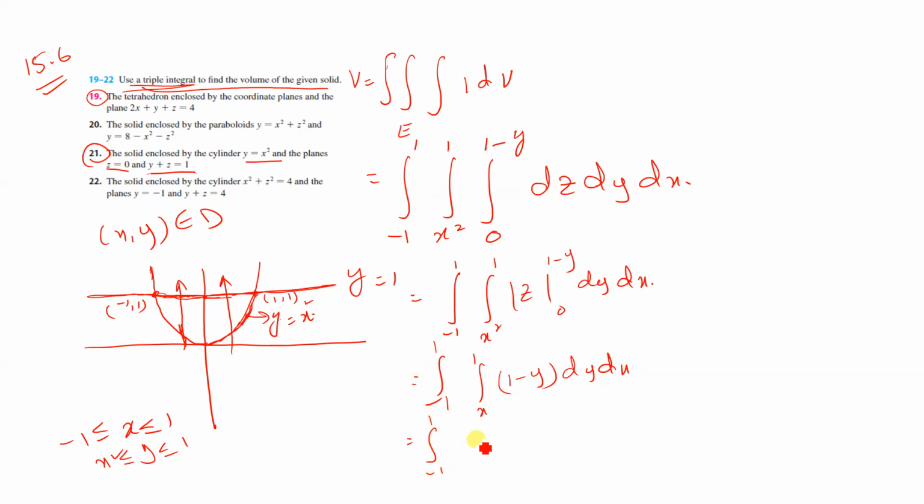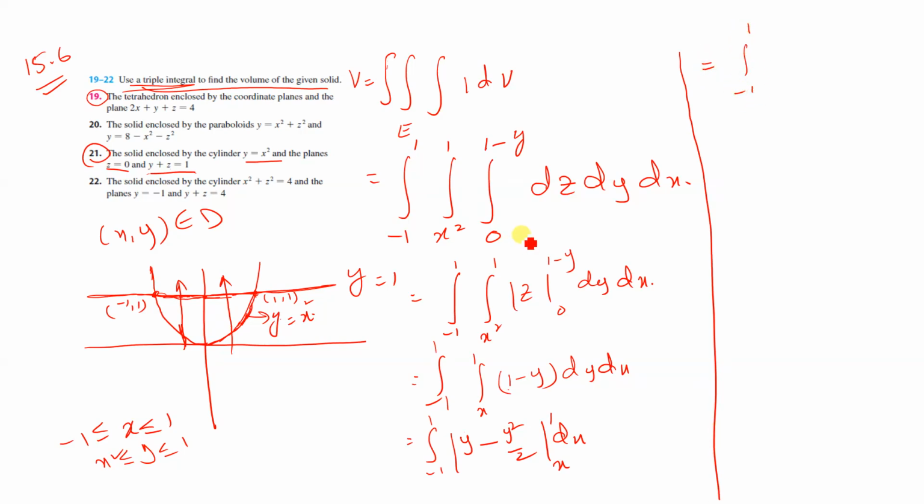And when we integrate this with respect to y, we have the integral of 1 is y, minus y square divided by 2, x square to 1 as the other limit, so dx.